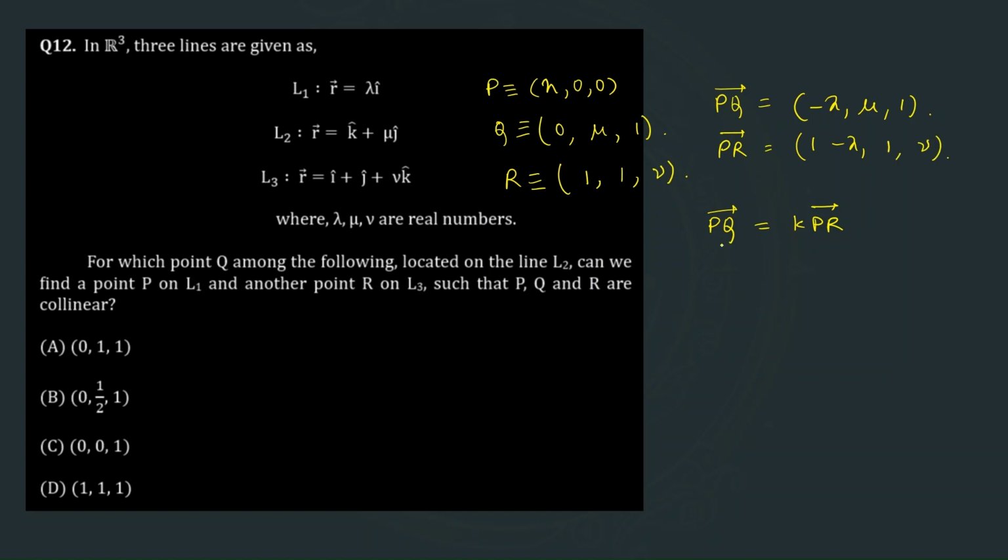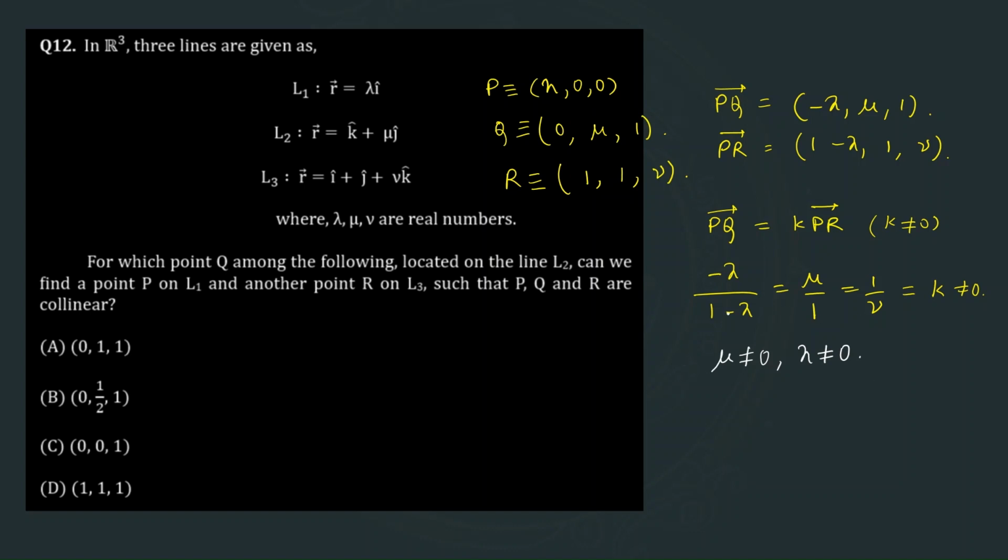Now we know that if PQ equal to K times PR, where K is non-zero, then we can write this as minus lambda divided by 1 minus lambda equal to mu divided by 1 equal to 1 minus nu equal to some constant k, which is non-zero. That means from here mu should be non-zero as well as lambda should also be non-zero.